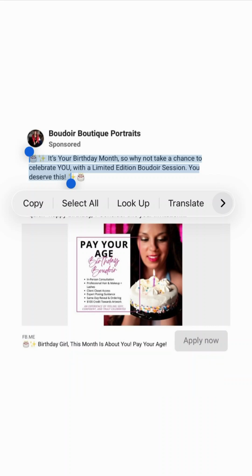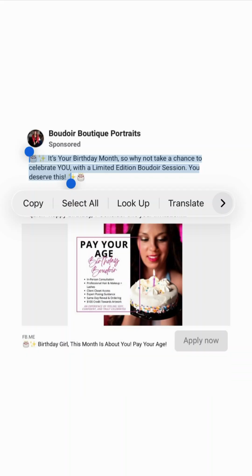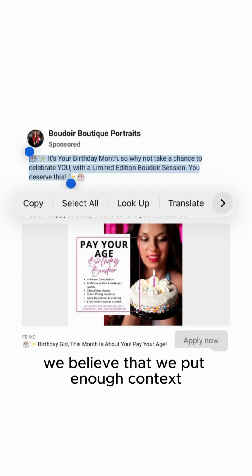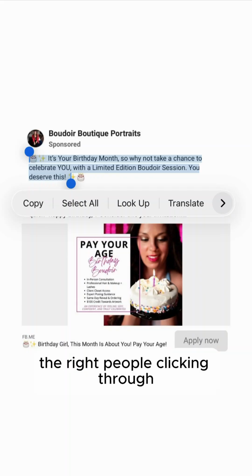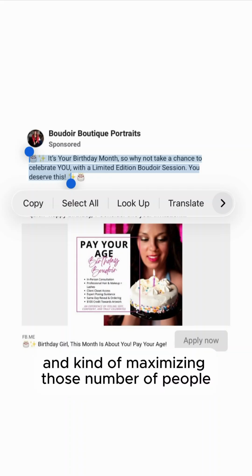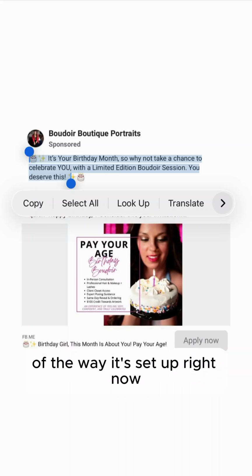The false belief that causes us to make this mistake is we believe we put enough context to get the right people clicking through and maximize the number of people. But that is 100% incorrect with the way it's set up right now.